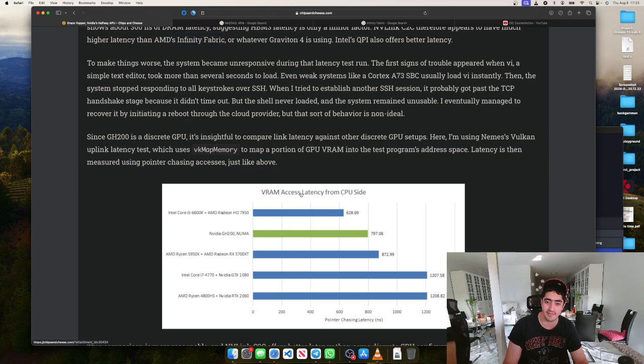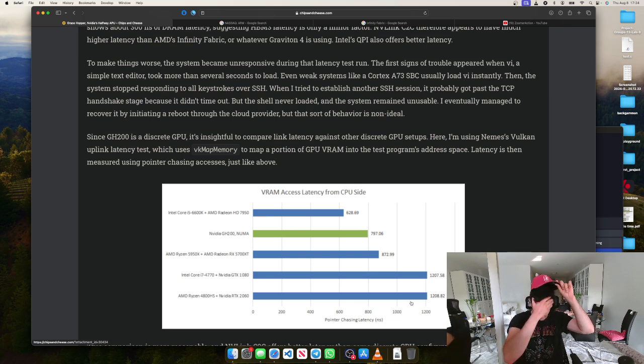So VRAM access latency from the CPU side is lower for Nvidia compared to AMD Ryzen 5950X plus AMD Radeon RX 5700, and then Intel Core i7 4770 plus Nvidia GTX 1080, and then AMD Ryzen 4800HS plus Nvidia RTX 2060.